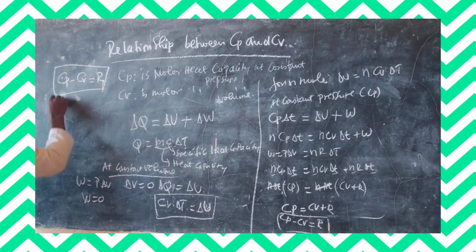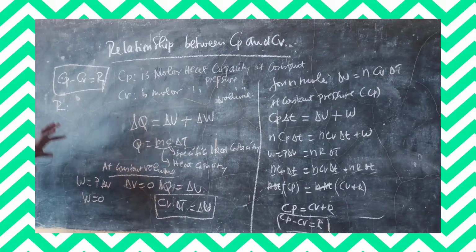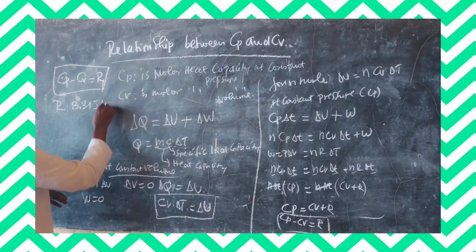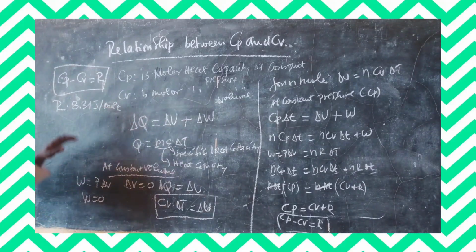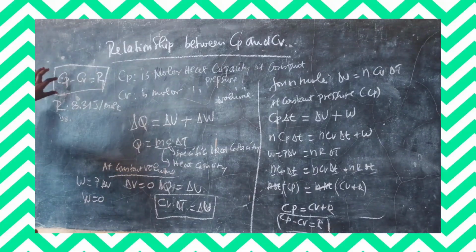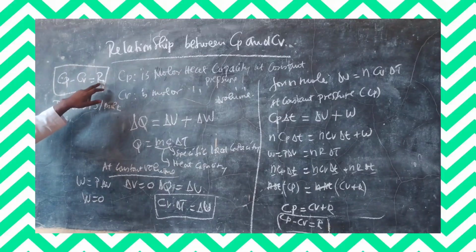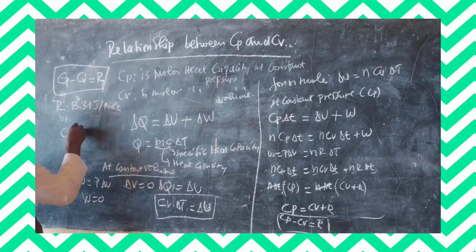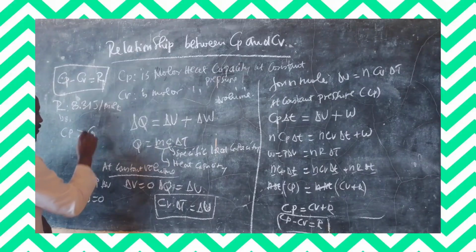Remember that this R is the gas constant, equal to 8.31 joules per mole per kelvin. Also, because R is positive, Cp is greater than Cv.